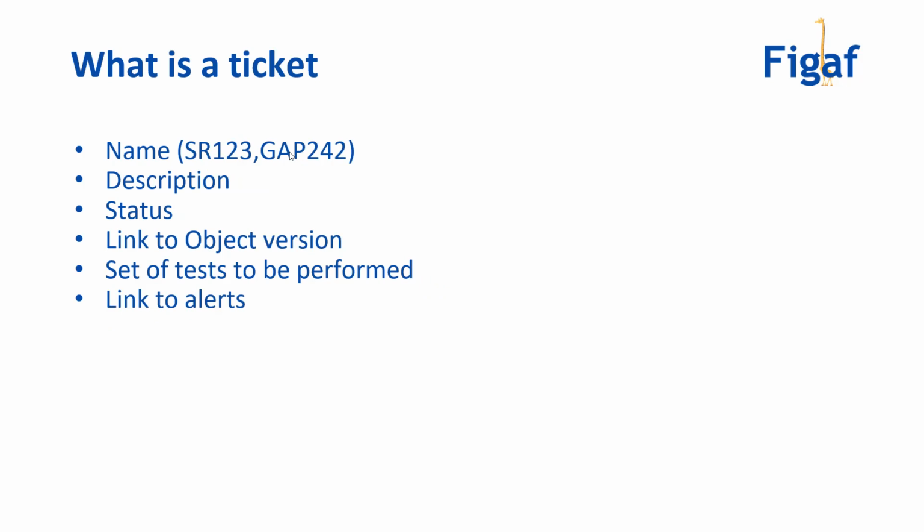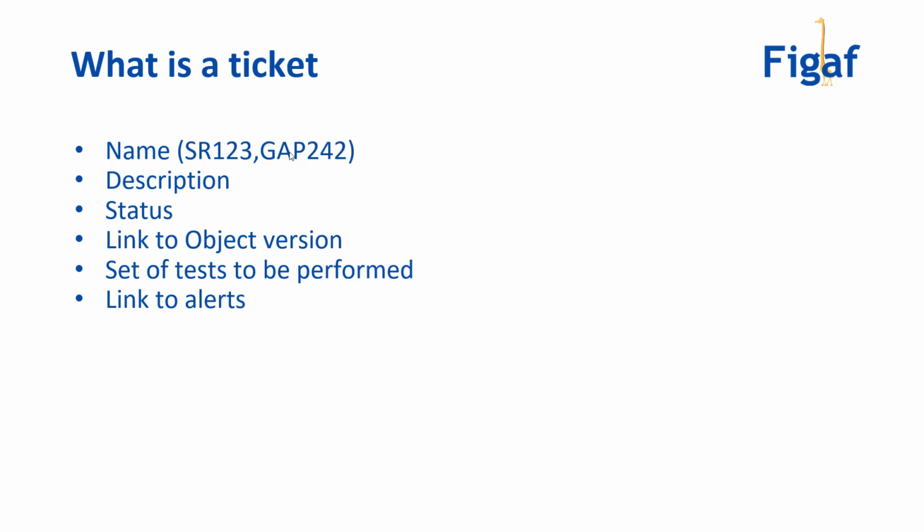So what is a ticket? A ticket is a concept that covers service requests, gaps, incidents, whatever you want to call it in your landscape that fits with your transport procedures. There's obviously a description that tells you a little about what's going on. There's a status of this thing.